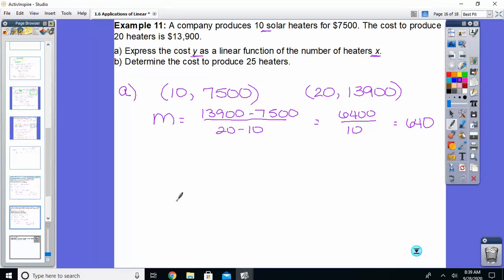Then what do we do? Take a point, take your slope, and we're going to plug into y equals mx plus b. So my y, 7,500, equals my m, 640, times my x, which was 10, plus b.